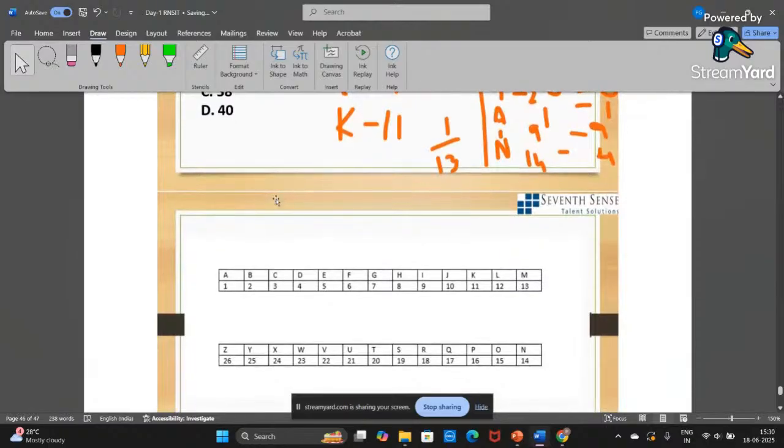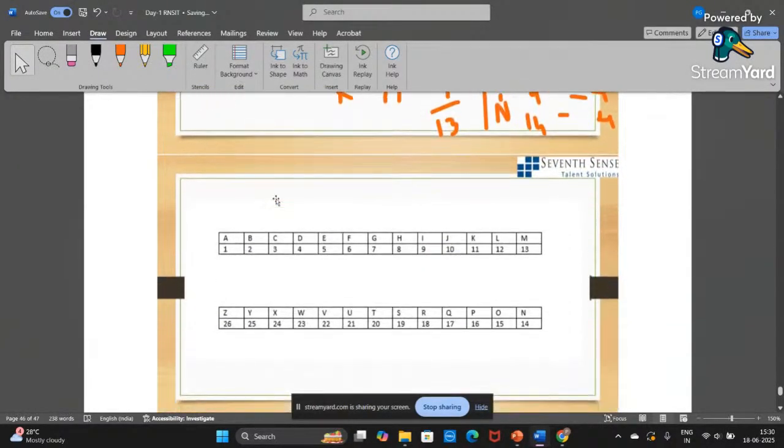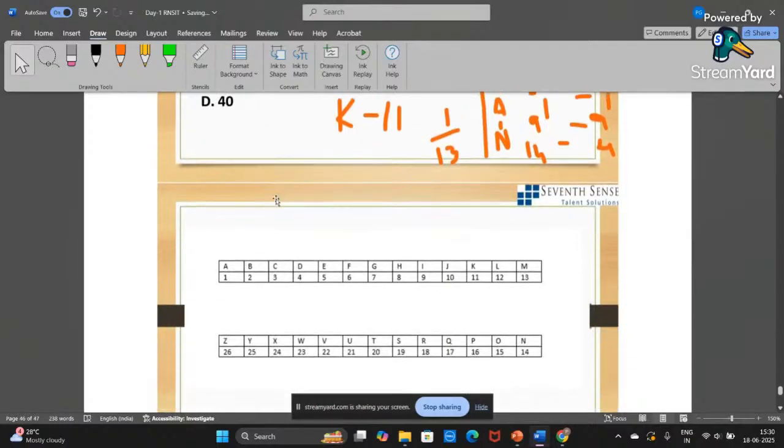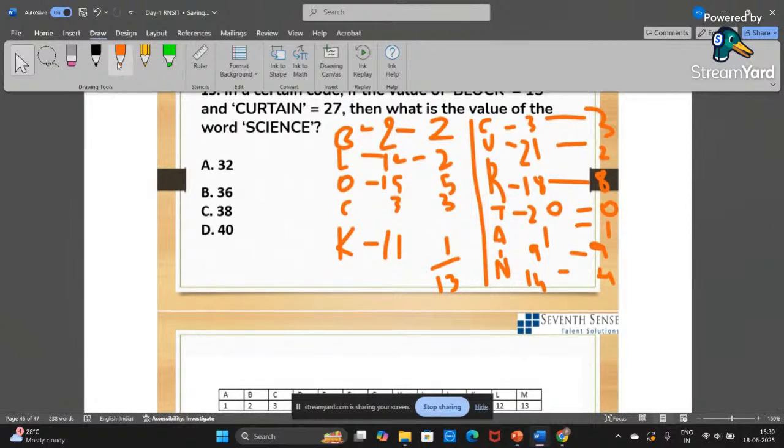Let us check the values I have written. For U it is 21, yes. For R it is 18, yes. For T it is 20, yes. For A it is 1, for I it is 9, for N it is 14. Now let us add all this. 5 plus 8 is 13, 14, 28 plus 9 is 27.